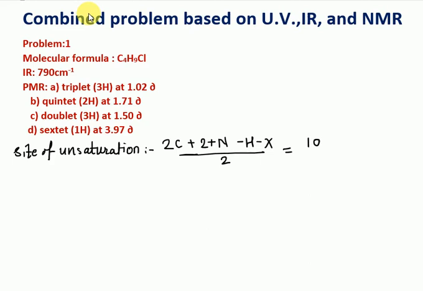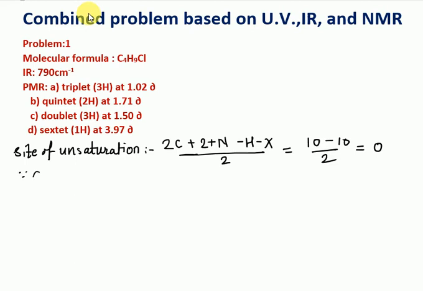There is no nitrogen, so 10 minus the total number of hydrogens, which is 9, and 1 chlorine, so minus H minus X, so 10 minus 10 upon 2, and it comes to 0. So the given organic compound is a saturated organic compound.